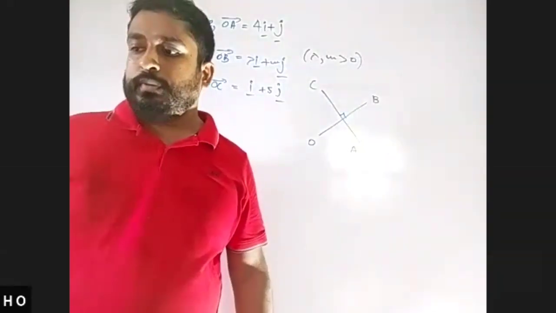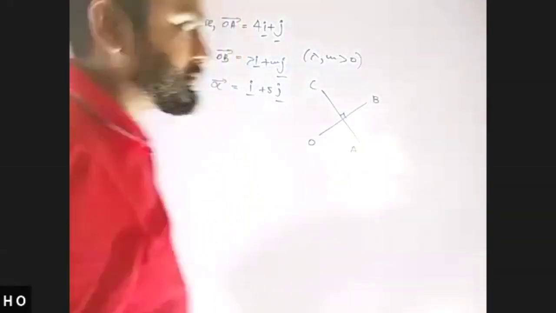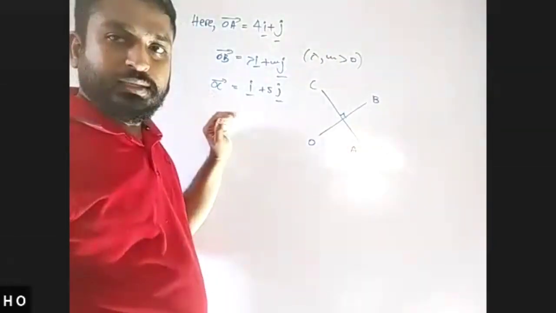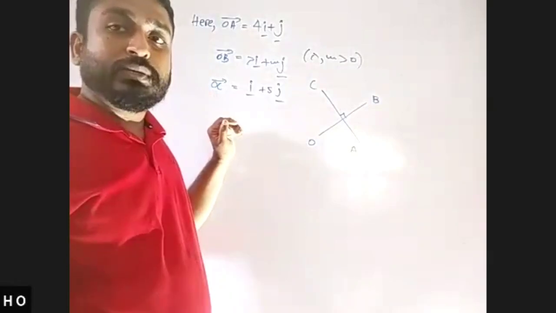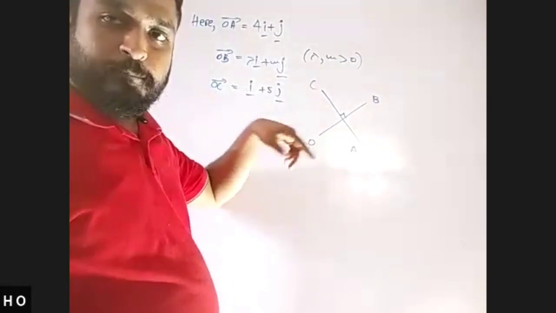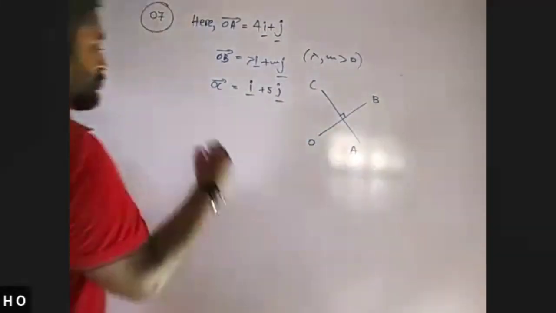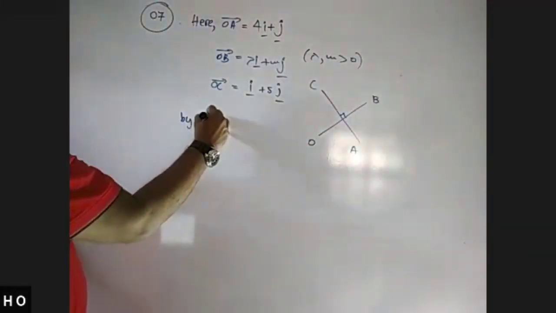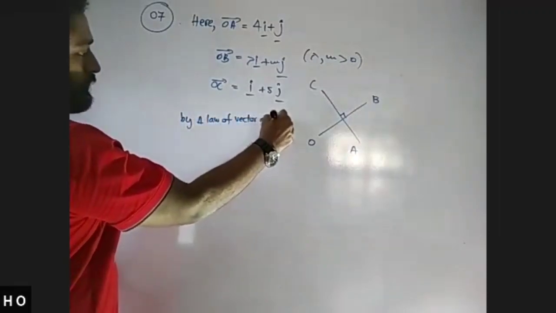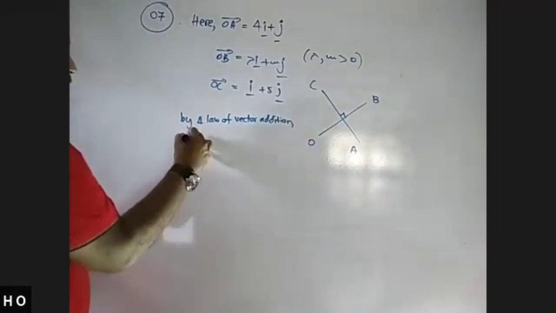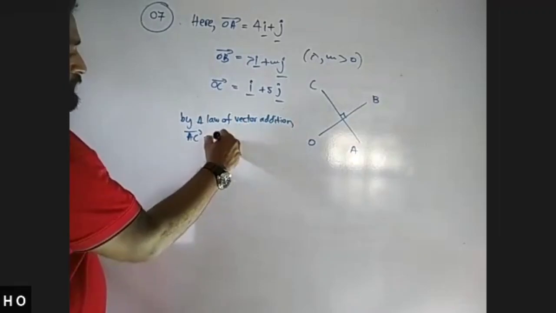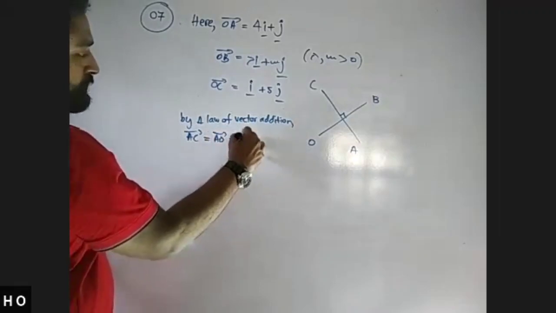Write down AC in terms of i and j. So let us start. To have AC, you cannot directly have AC. You have to use the triangle law of vector addition. So you have to mention that AC is AO plus OC as an addition. By the triangle law of vector addition, AC is going to be AO plus OC.